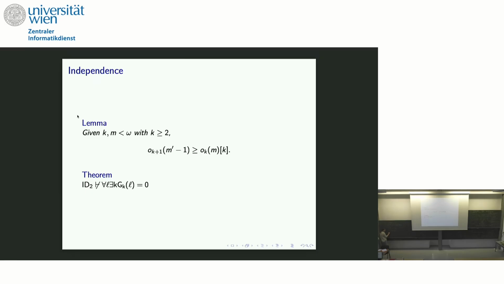This is a psi 0 term, because I'm sending a natural number to psi 0.